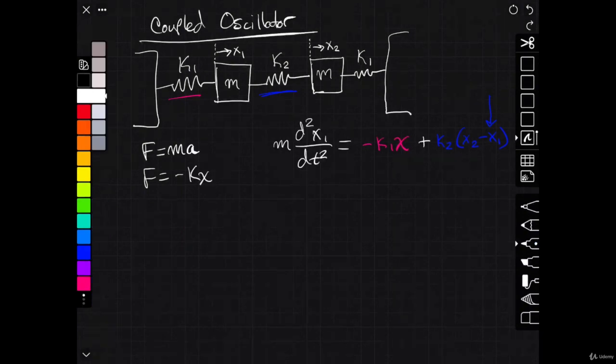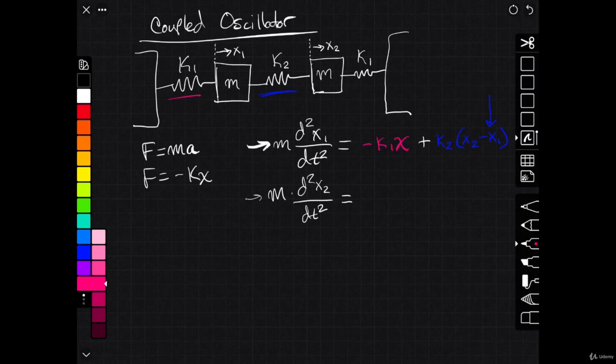the next equation is essentially doing what we did here onto the second mass. So we have m times d squared x2 over dt squared is equal to, and here we have the value of minus k1 x2, again the same exact argument.